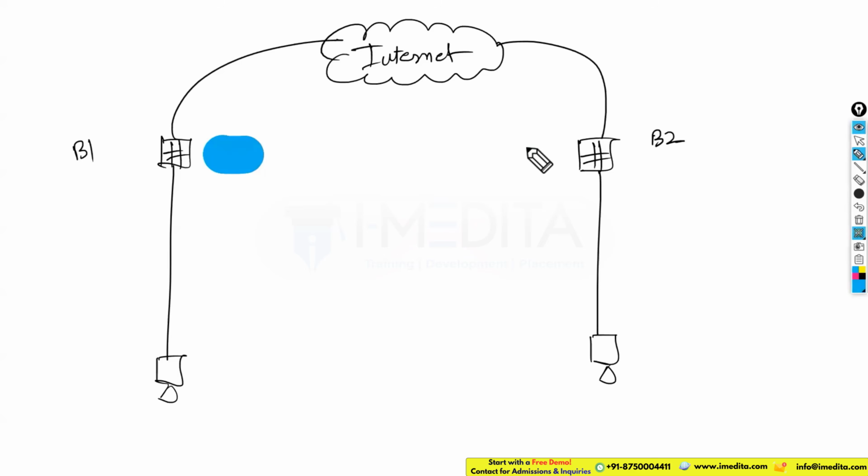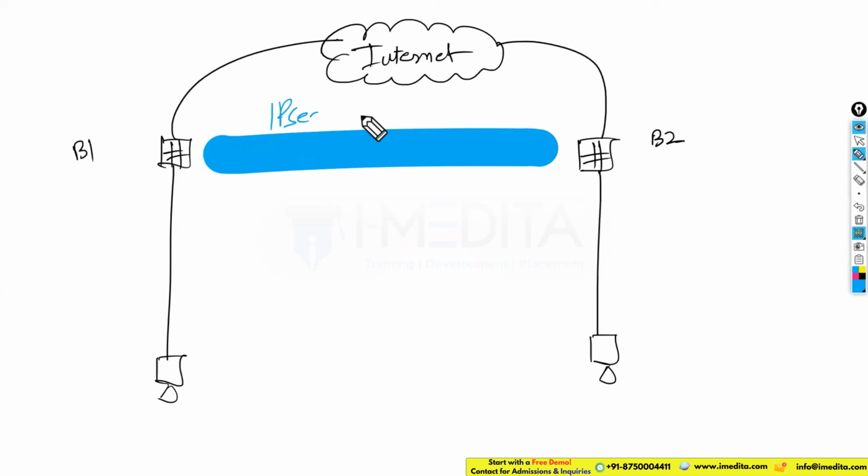Now we want both branches to be able to communicate with each other. For this, we will configure IPsec VPN, or we can say site-to-site VPN.